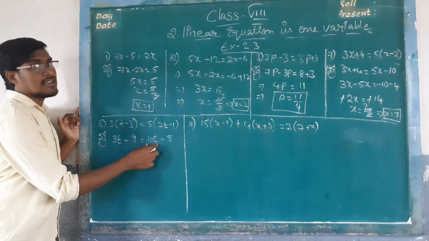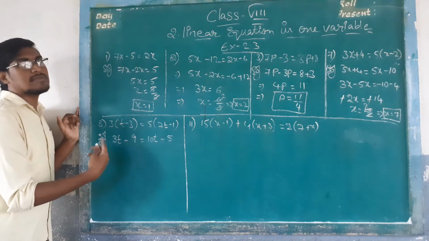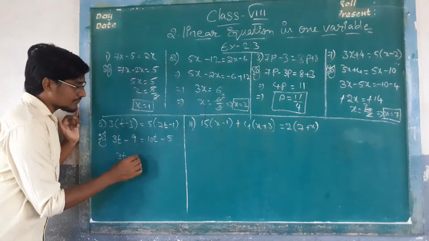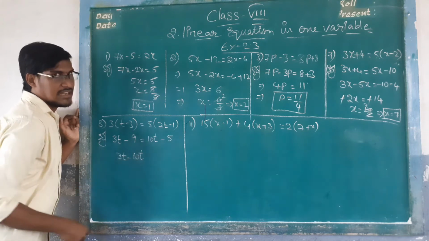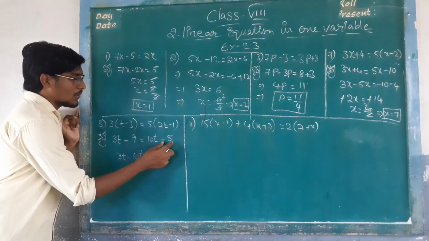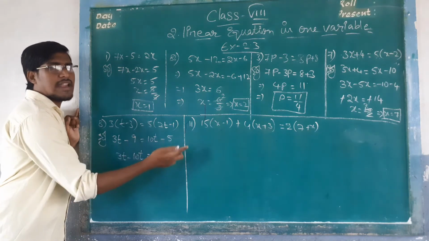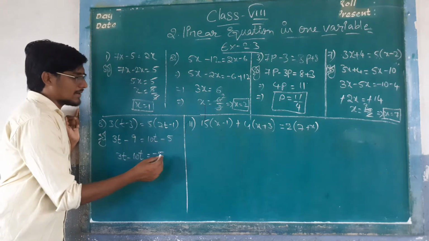This plus 10t moves to the left hand side, it will become minus 10t. That implies 3t minus 10t equals minus 5. Let's move this minus 9 to the right hand side, it will become plus 9.